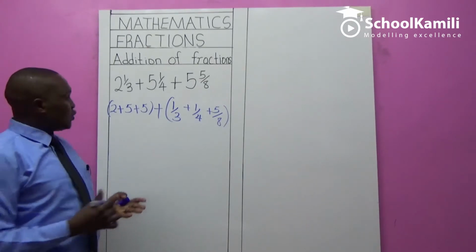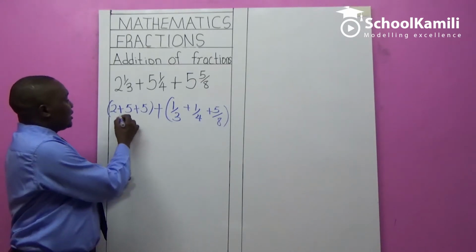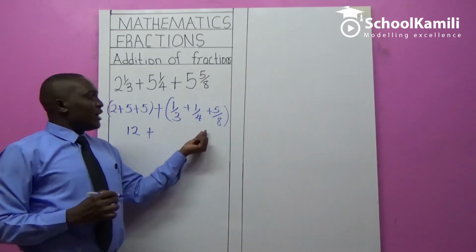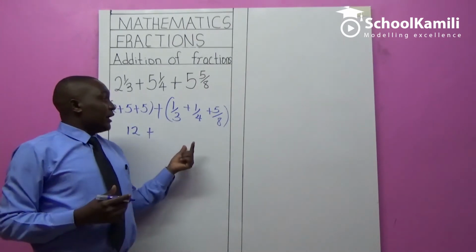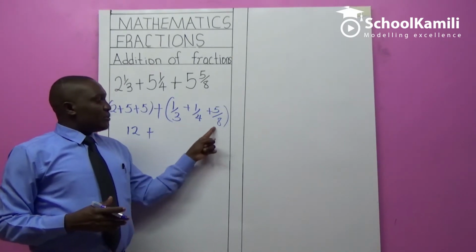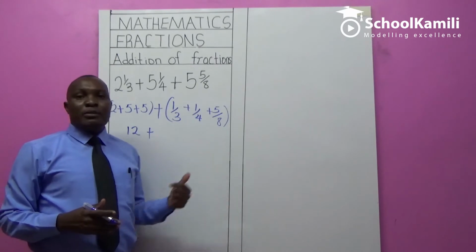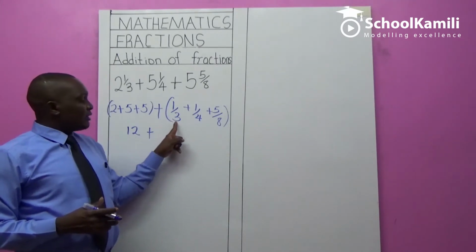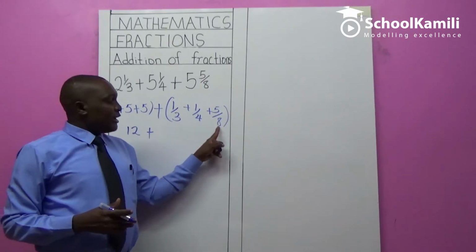Then step number 2, after you've added, this is 12 plus. In fractions, you've learned how to add fractions from class 4 and 5. For you to add fractions, make sure you find the LCM of the denominators. Our denominators here are 3, 4, and 8.